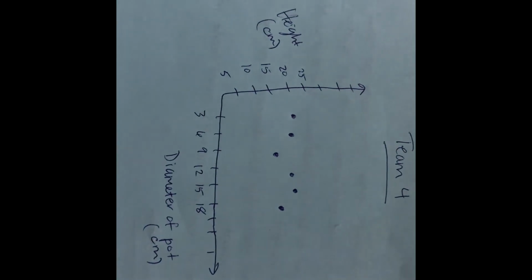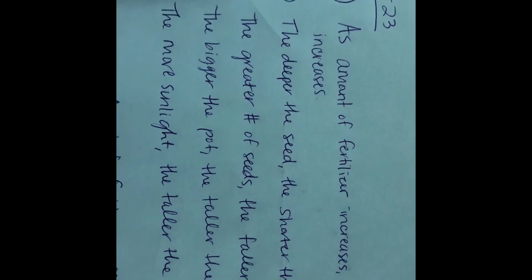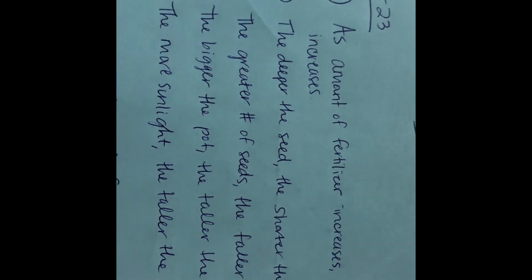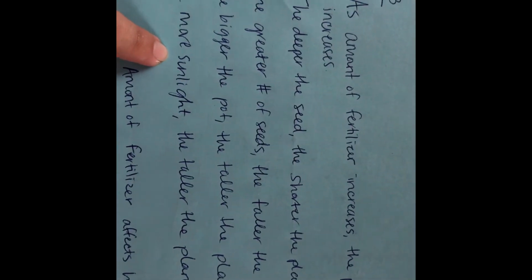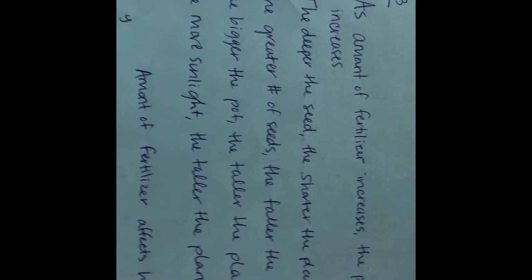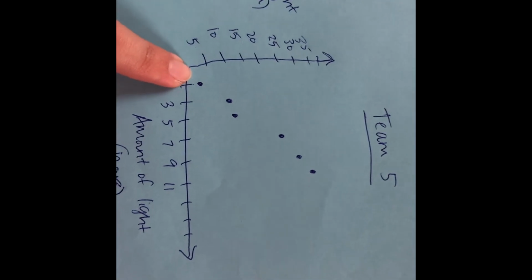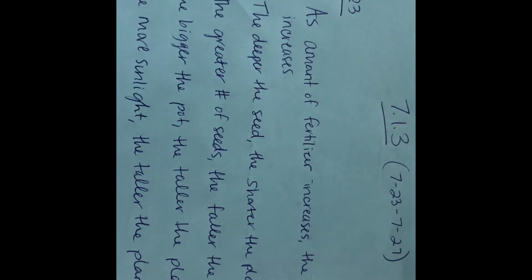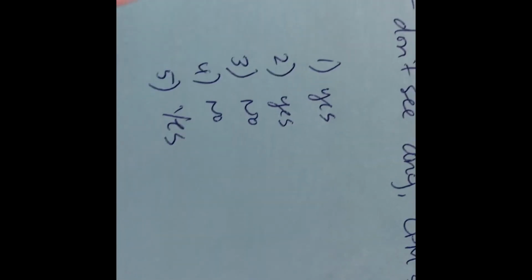There's no real pattern. So my part D was also incorrect. So far I got 2 for 4. And then my last one, part E, the more sunlight, the taller the plant. Seemed to be an accurate hypothesis. So I got 3 out of 5 of my hypotheses correct. Maybe you got more, maybe you got less. So I put for part E, I put 1 yes, 2 yes, 3 no, 4 no, and 5 yes. 3 out of 5.